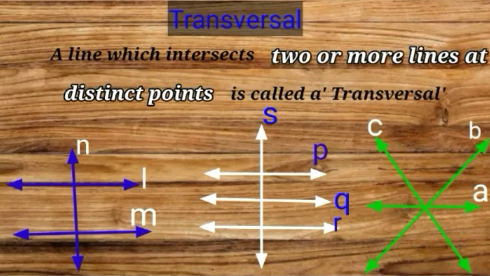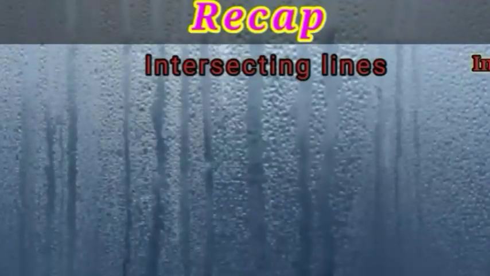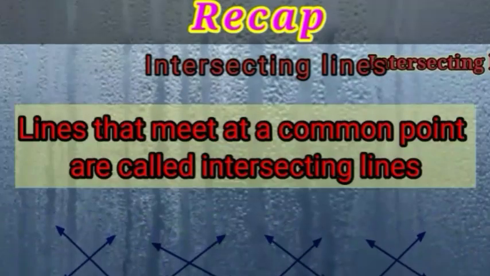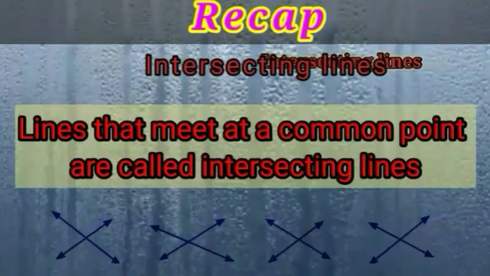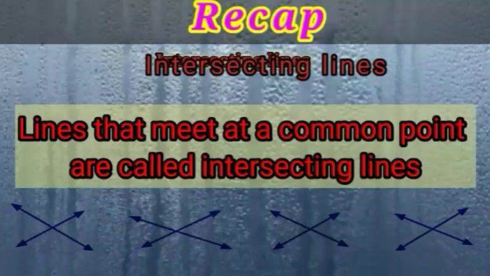So, a line which intersects two or more lines at distinct points is called a transversal. In the first diagram, N is a transversal to L and M. And in the second diagram, S is a transversal to lines P, Q and R. So dear children, today we discussed intersecting lines, parallel lines and transversal.